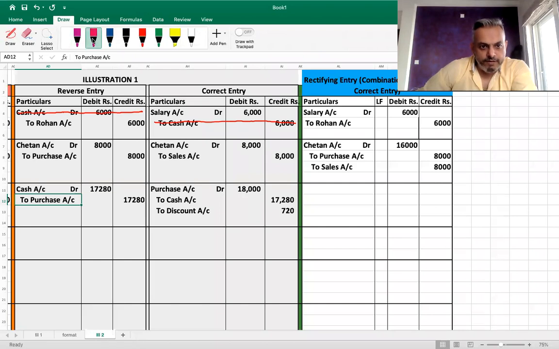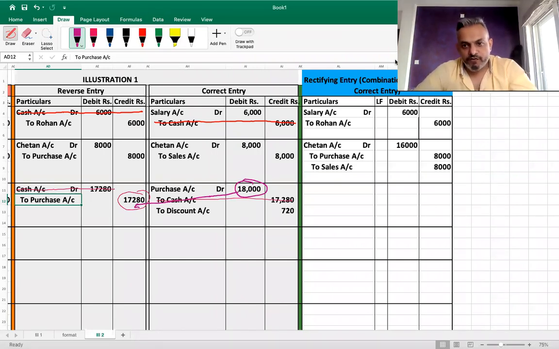So let's see what is common. Cash account debit 17280. तो कैश अकाउंट डेबिट कट कर दिया, कैश अकाउंट क्रेडिट कट कर दिया, सेम अमाउंट ऑपोजिट साइन. Now purchase account credit 17280 and purchase account debit 18,000. So debit 18,000 minus 17280 we have to subtract because opposite sign.